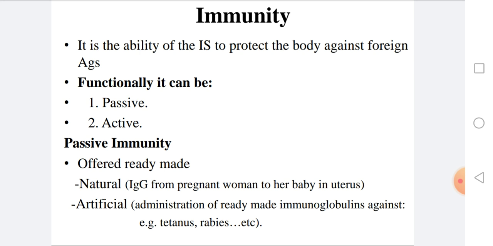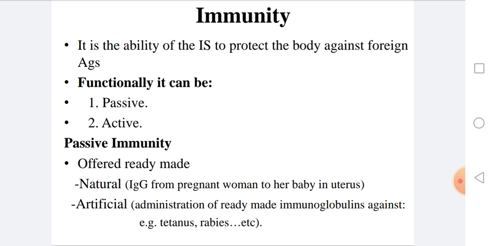Immunity is the ability of the immune system to protect the body against foreign antigens. Functionally, it can be passive immunity or active immunity. The passive immunity is offered ready-made to the body. That is given to the body ready-made.